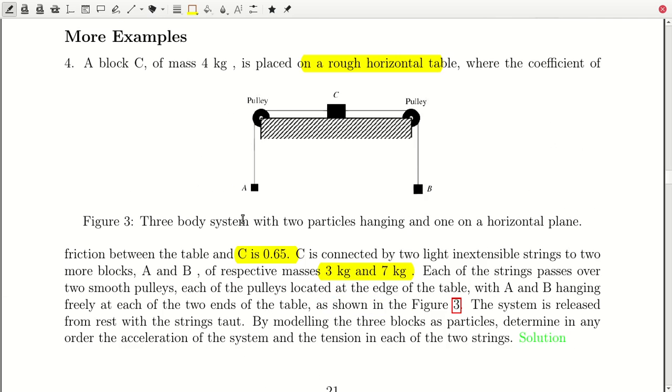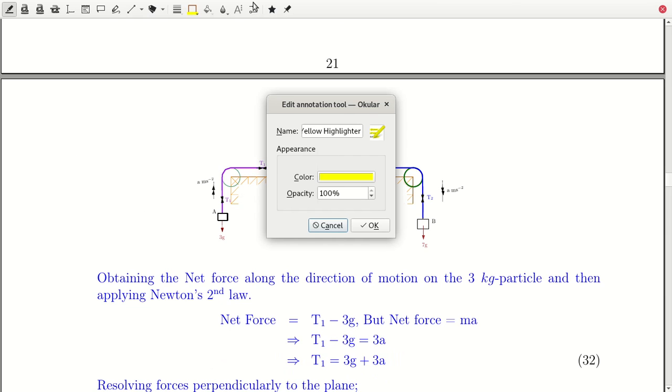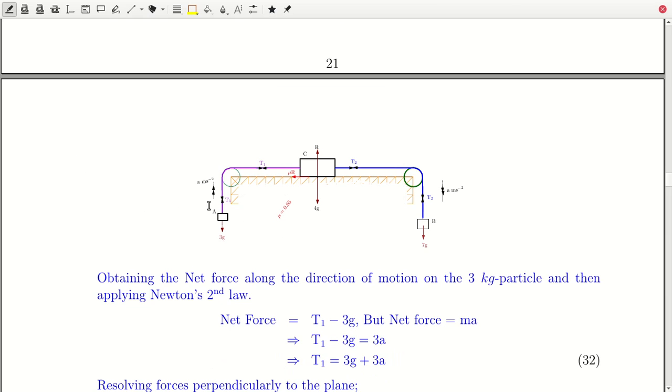Particle A, as you can observe, has a weight of 3g, and I've let the string lifting it have a tension of T1. Particle B has a weight of 7g and is being lifted by a string which has developed a tension of T2.